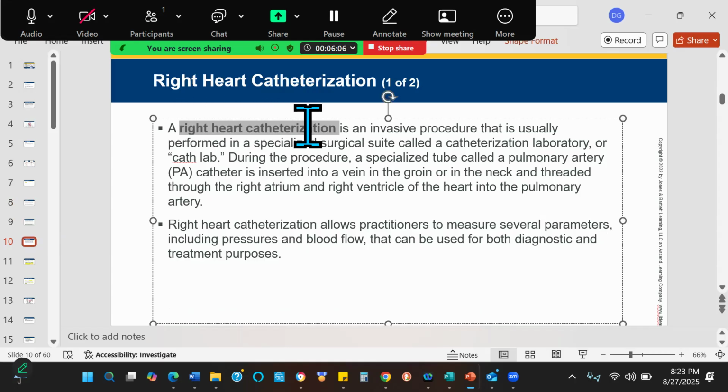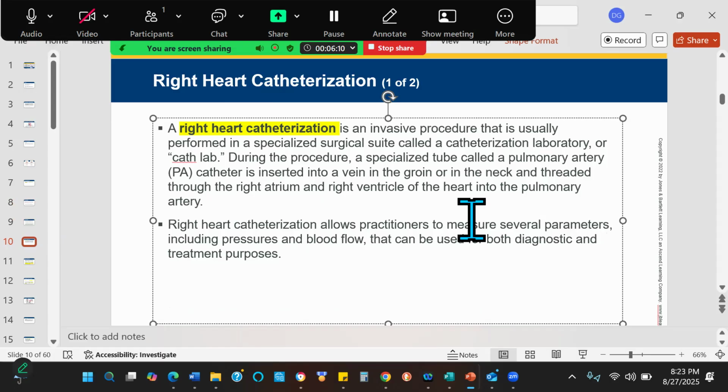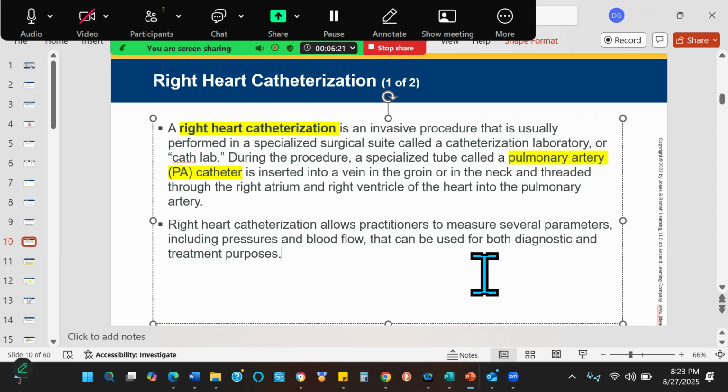Right heart catheterization is a procedure that measures all the pressures in the heart using a pulmonary artery catheter. That's what's going to be called a Swan-Ganz catheter at the hospital, but on your test, it's a pulmonary artery catheter. Right heart catheterization allows us to measure pressures that can be used both for diagnostic and for treatment purposes.